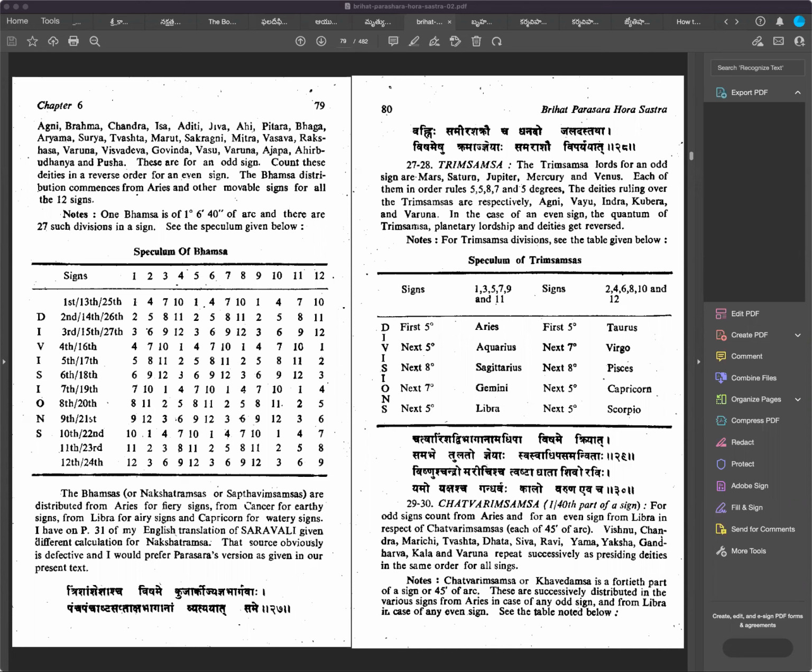Because first 5 degrees, 5 degrees, 7 degrees, 8 degrees, and 5 degrees. Like that, they're divided into 30 in 5 divisions. Why did they divide into 5 divisions? Because of the Panchamahabhutas.